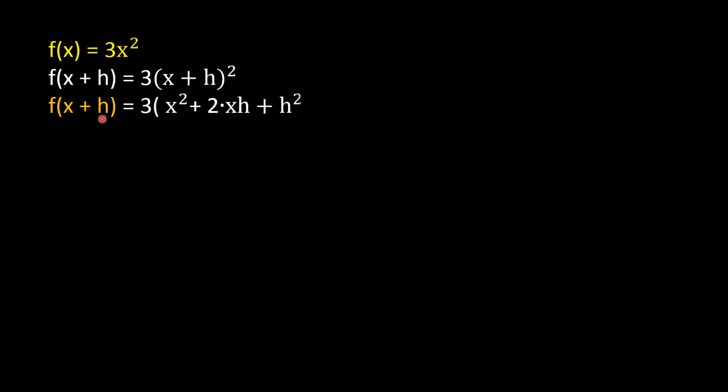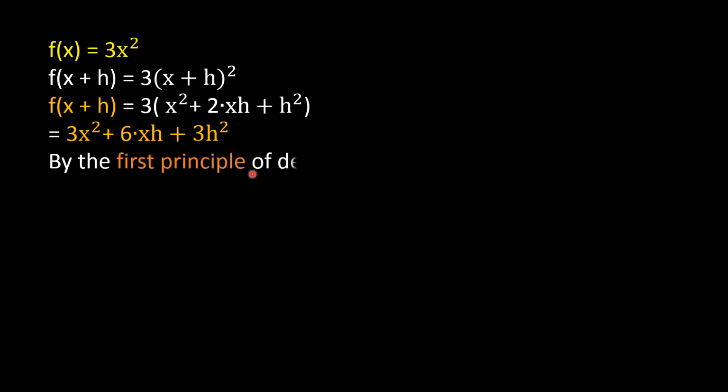So f of x plus h will be 3 times x plus h whole squared, which is x squared plus 2xh plus h square, which will be 3x squared plus 3 twos are 6xh plus 3h squared.